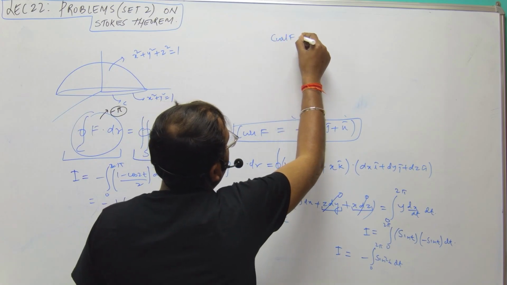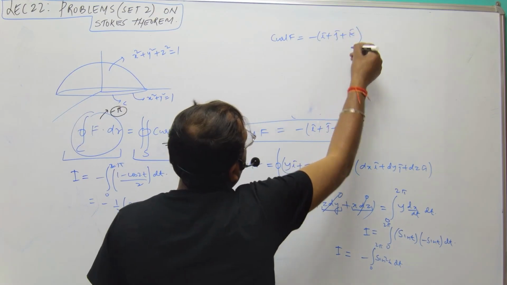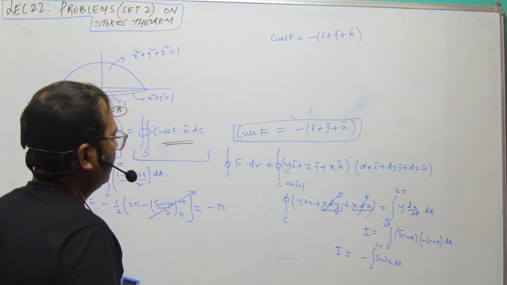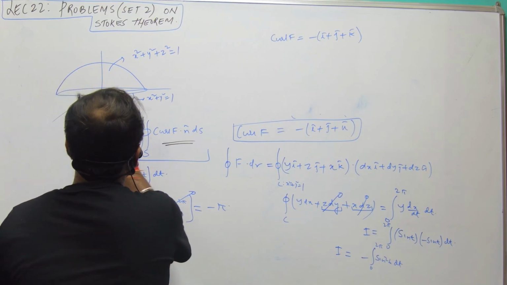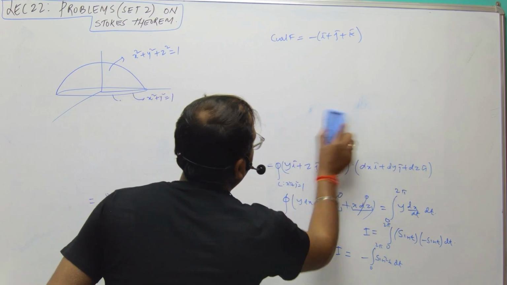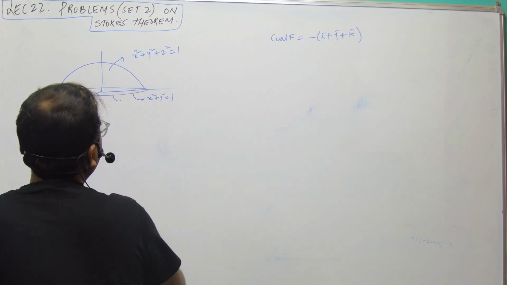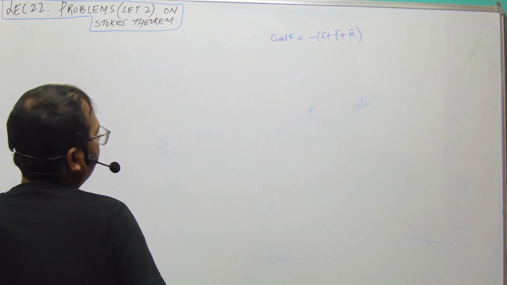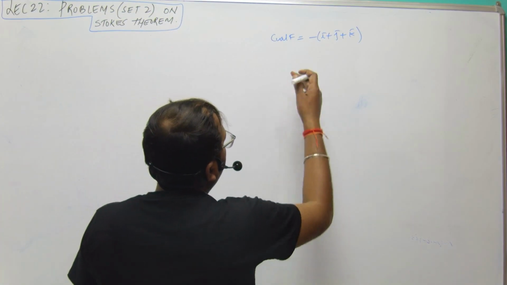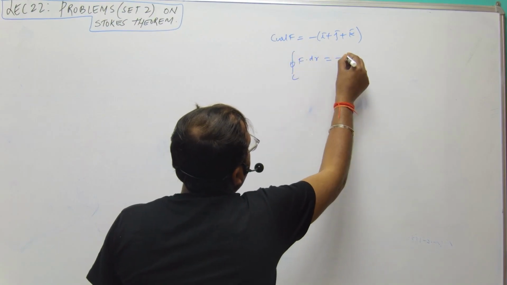Curl of f is equal to minus i cap plus j cap plus k cap. And the line integral we have found as f dot dr along the curve C is equal to minus pi.